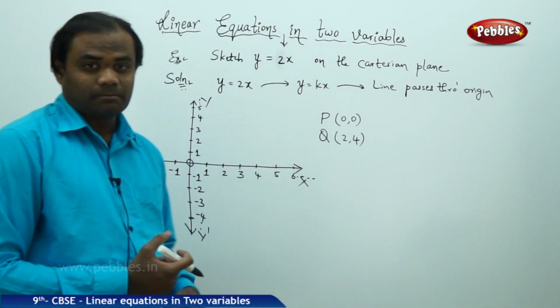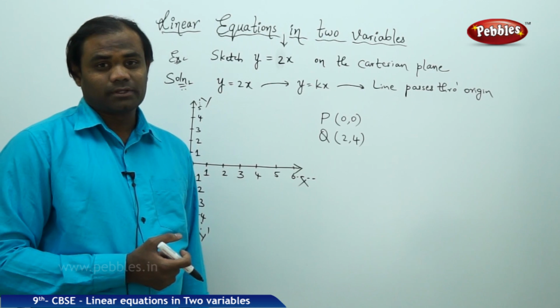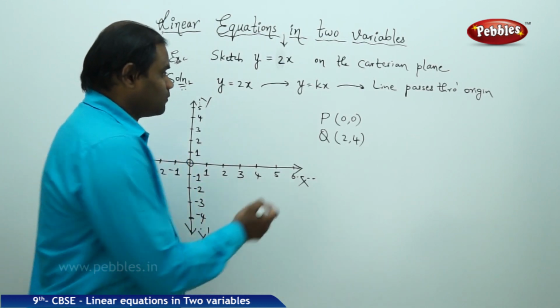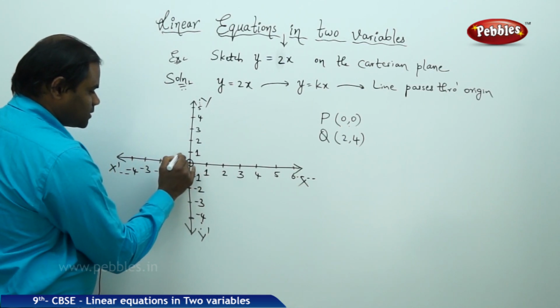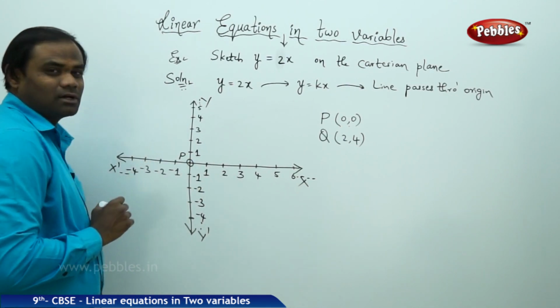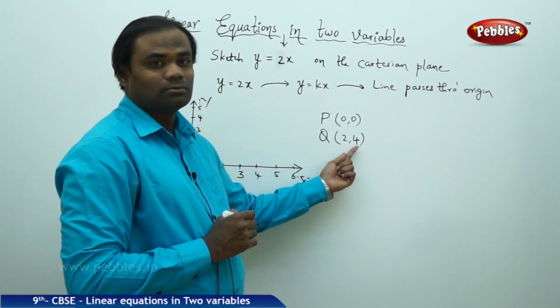Starting with point P. The point P is the origin, that is the initial point 0, 0. Therefore, I see that this point clearly is the origin which is fixed here. So my point P is out here. Coming to the next point, point Q is 2, 4.